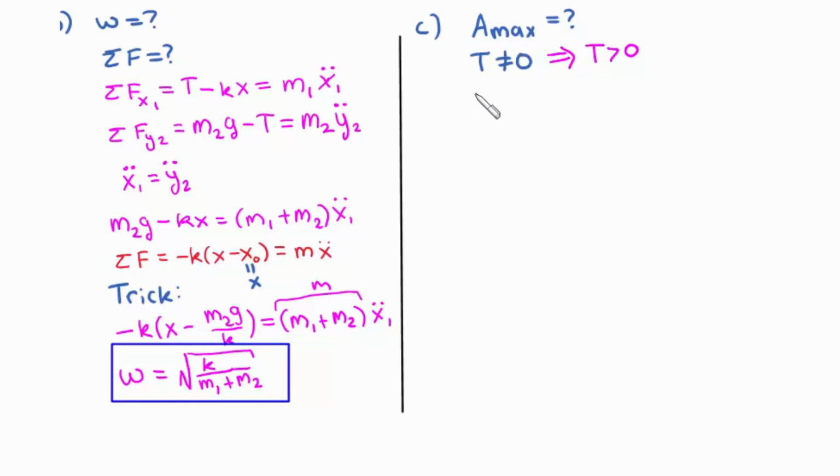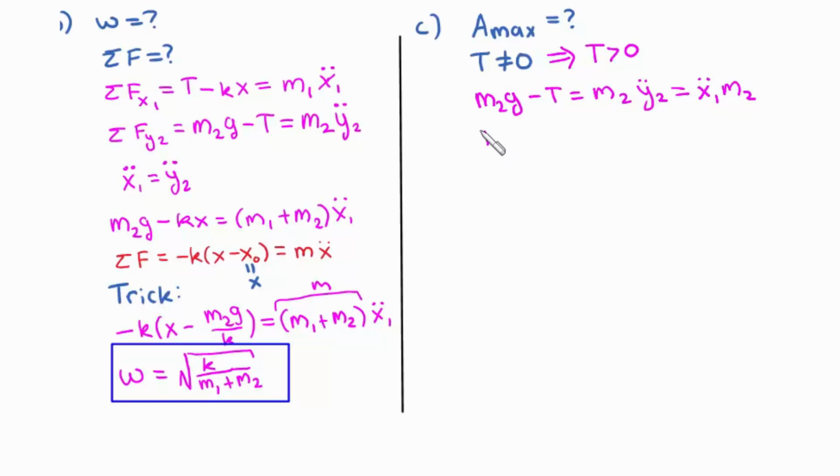Let's copy it out. I have my m2g minus T is equal to my m2 y2 double dot. And as we know from what we wrote over here, this is also equal to my x1 double dot multiplied by m2.